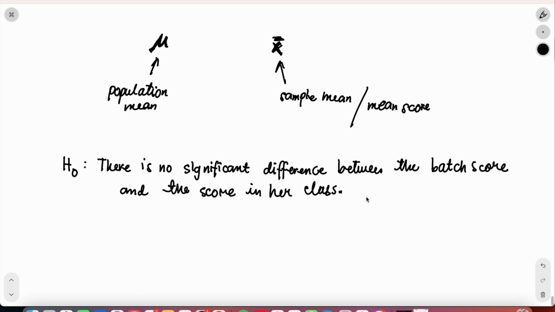Mathematically, this is telling us that mu is equal to x bar, right? Or mu is equal to 81.